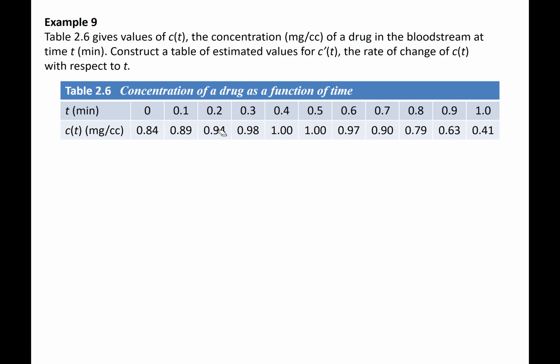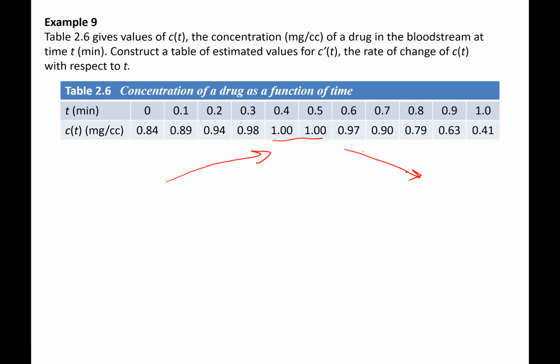At 0.2, 0.94; 0.3, 0.98; and at 0.4 and 0.5, we can see it's 1. And then it was increasing, and then 0.97, 0.90, 0.79, and so on. That means it's increasing and decreasing. That's one observation that you may have.